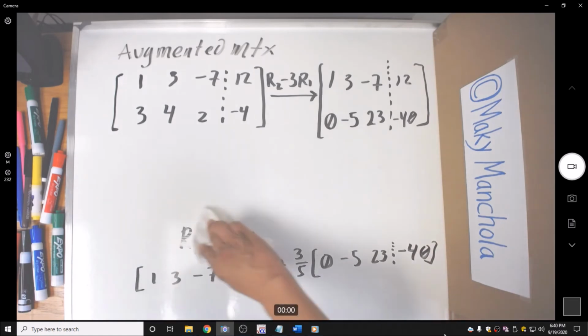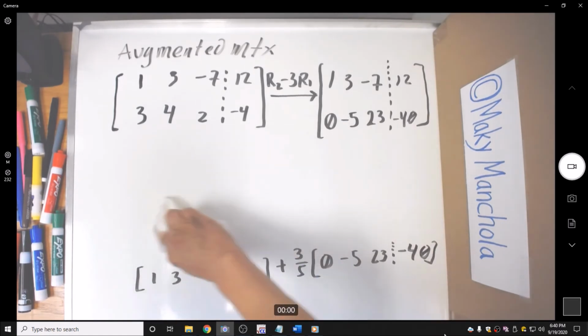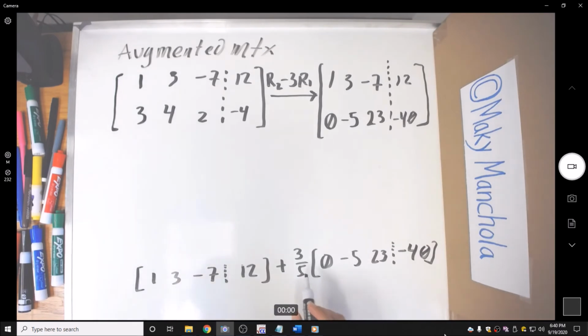What do we get from that? 1 plus 0 is 1. 3/5 times negative 5 becomes negative 3. 3 plus negative 3 cancels out. Mission accomplished.